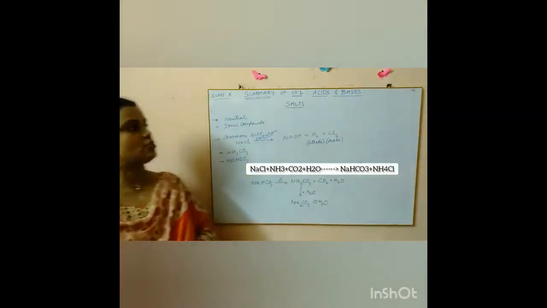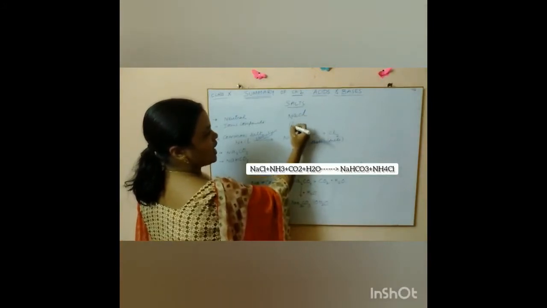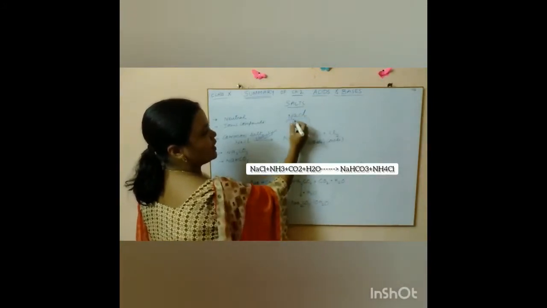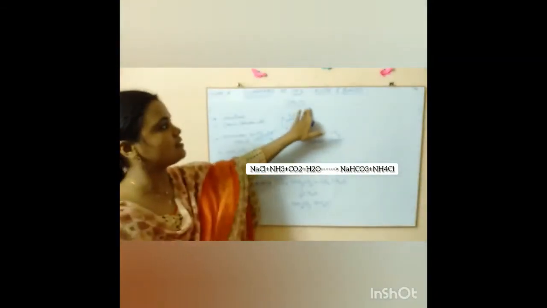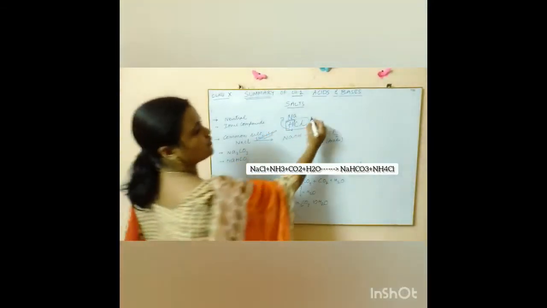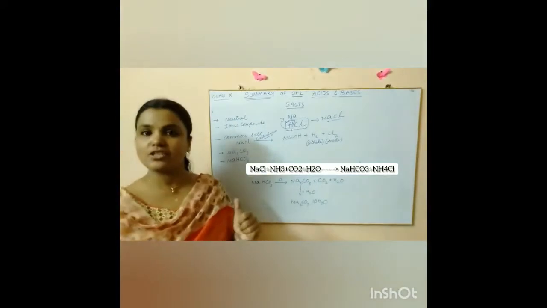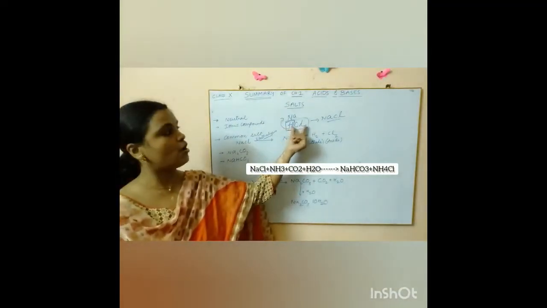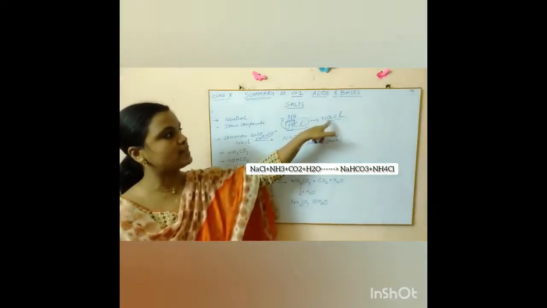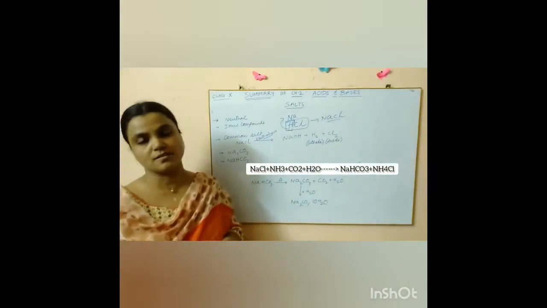Another definition I told you is that if you take any acid, the H plus is replaced by a metal, and what we get is a salt. So whenever the H atom of an acid is replaced by a metal, what you get is salt. So these are neutral, ionic substances.